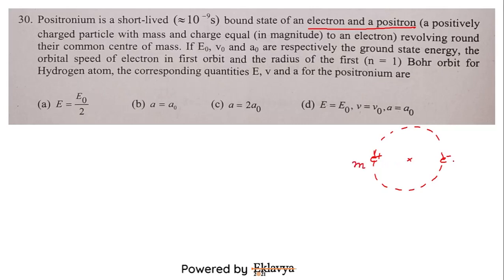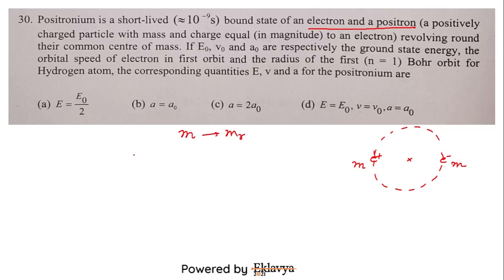So if the mass of this particle is m and the mass of this particle is m, then in such cases, by writing Bohr's quantization condition and deriving the expression as we do for the Bohr model, we will get a similar expression with only one difference: m will be replaced by the reduced mass.